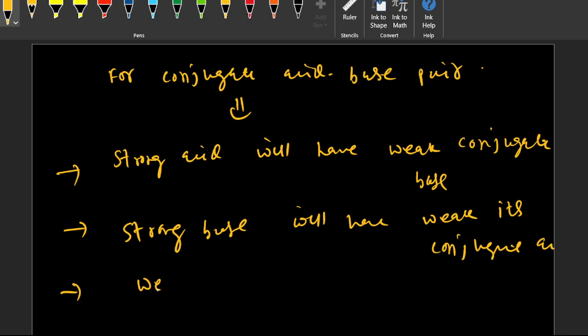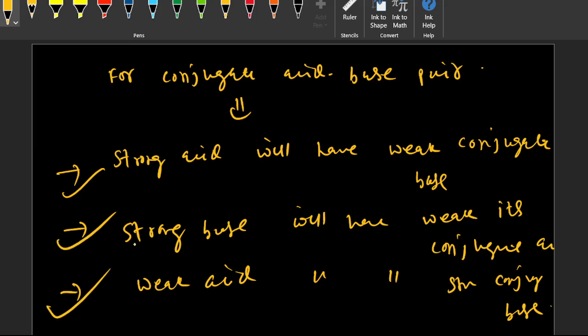Similarly, a weak acid will have a strong conjugate base. So conjugate pairs have an inverse relationship. If we have a strong acid, then its conjugate base will be a weak base.